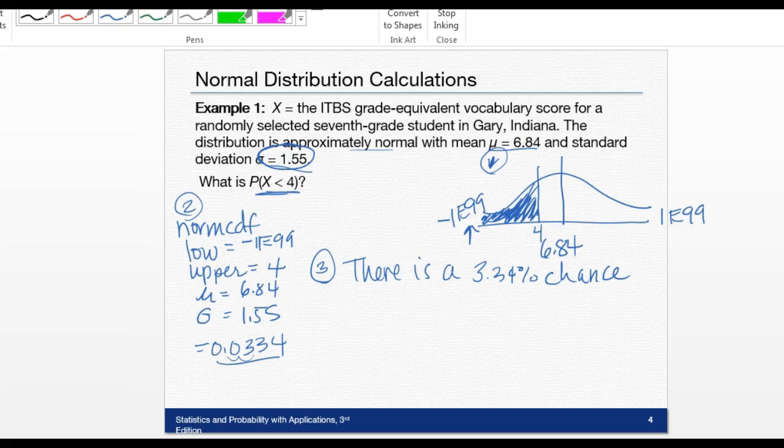And then you go back to the stem of the problem. Okay, what is it? It's a randomly selected 7th grade student in Gary, Indiana that has a score of less than 4.